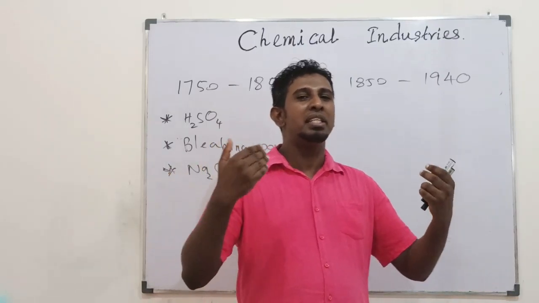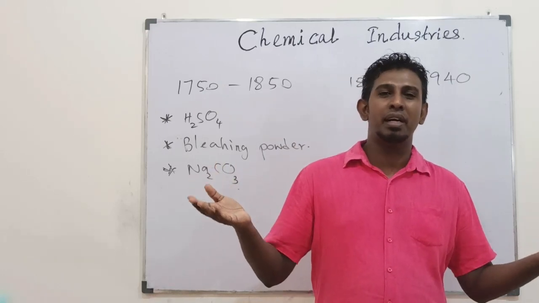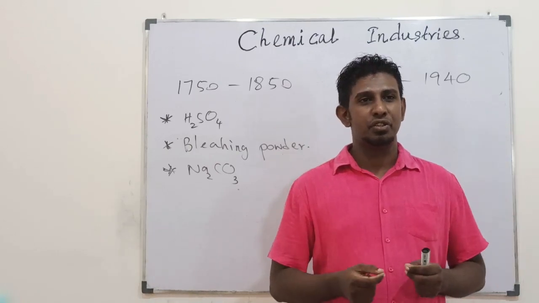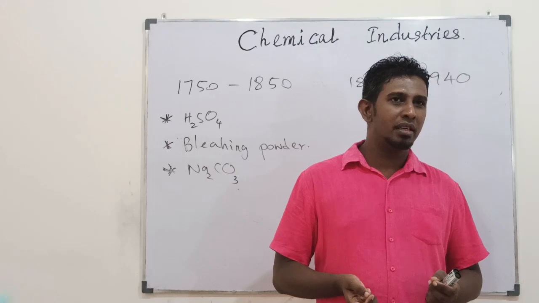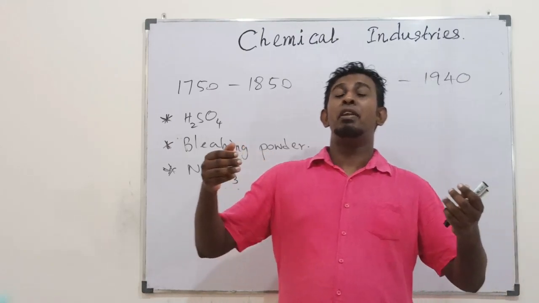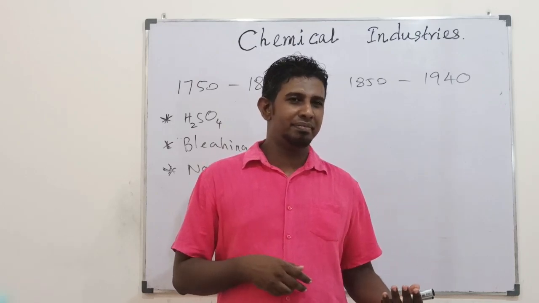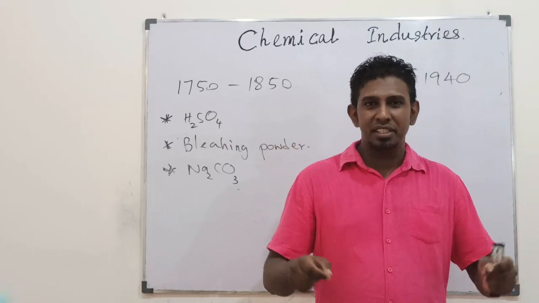There were some inventions made. It was the vulcanization of rubbers. It was the manufacturing of artificial fertilizers, superphosphate using apatite and lime. Then it was the manufacturing of polymers based on petrochemicals. Then the manufacturing of nitric acid.